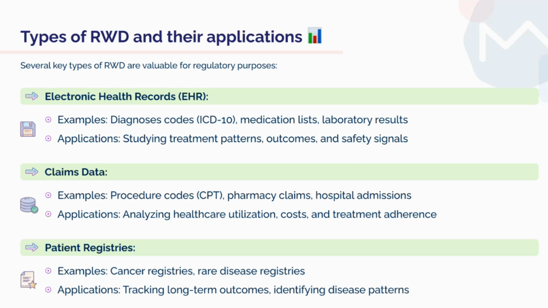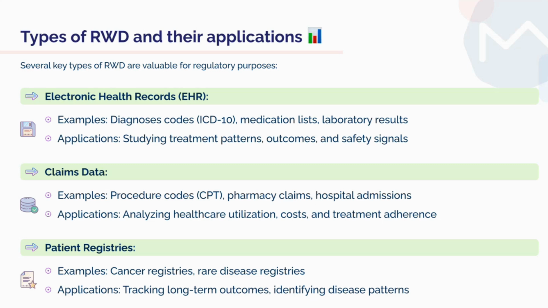And to follow on from that, this applies particularly for claims data as well. Again, we're looking at things such as procedure codes, pharmacy claims, etc. Again, this is poignant for health economic analyses and healthcare utilization.